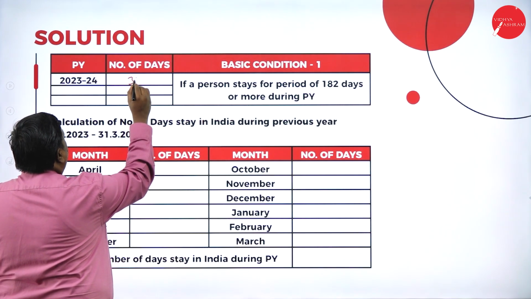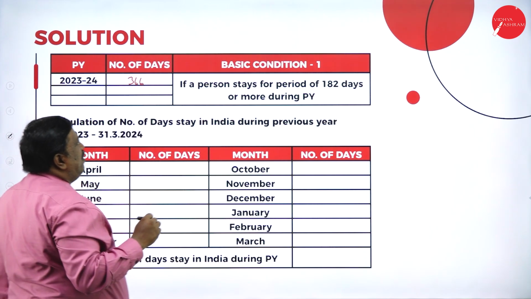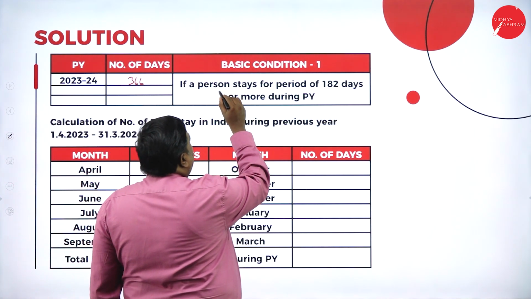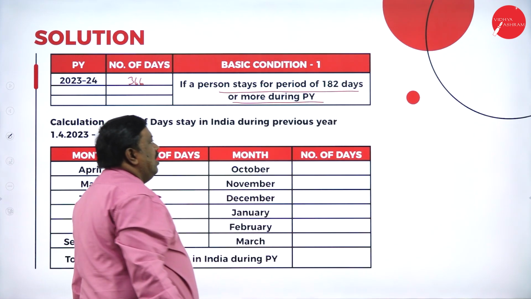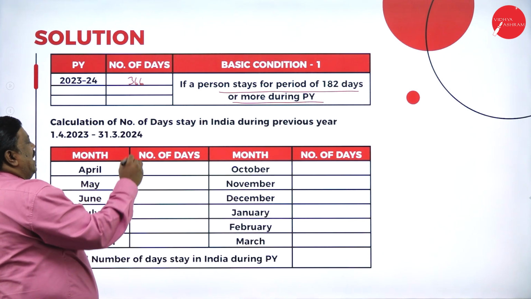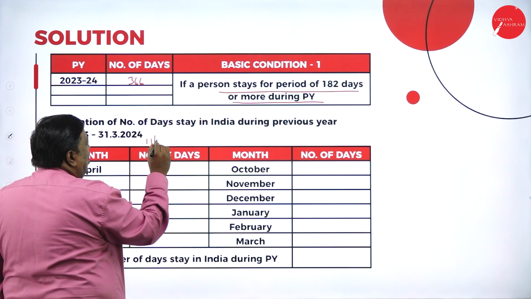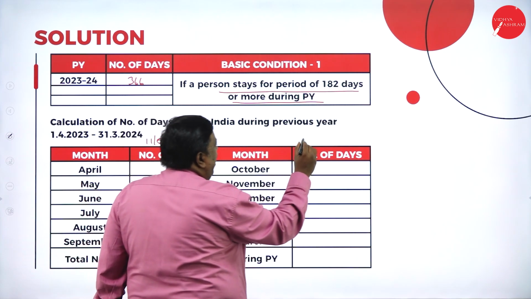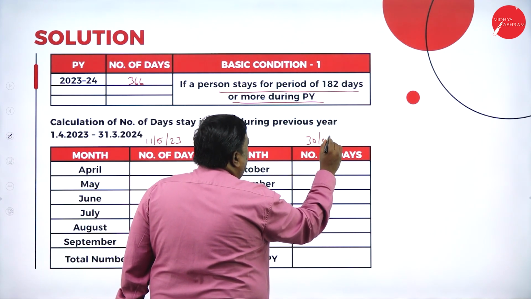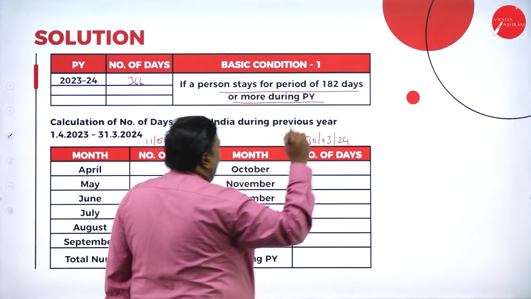Total number of days, we have 366 days. So my first basic condition, stay in India for a period of 180 days or more during previous year. Whether I'm going to satisfy or not, let us check that one. I left India on 11th May 2023 and I returned back on 30th March 2024.